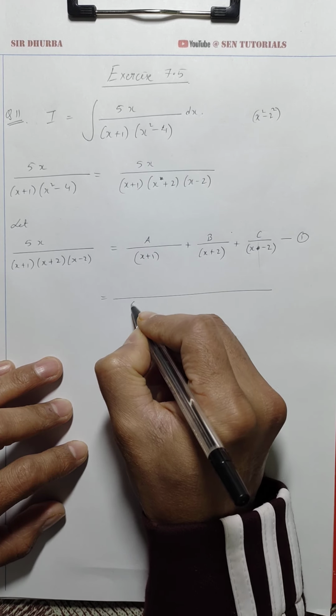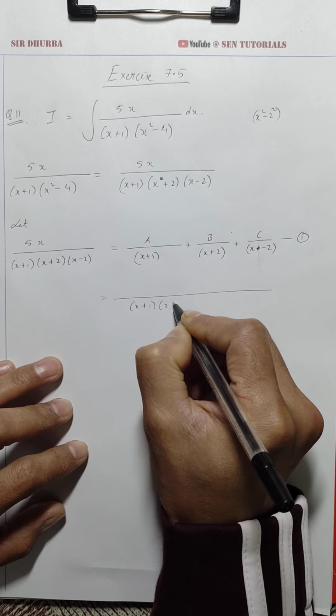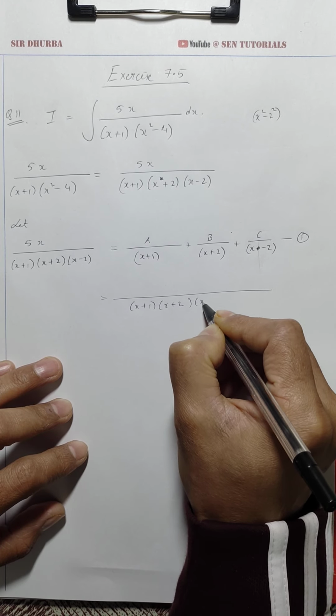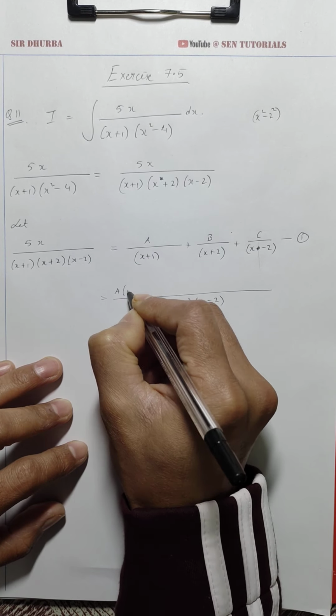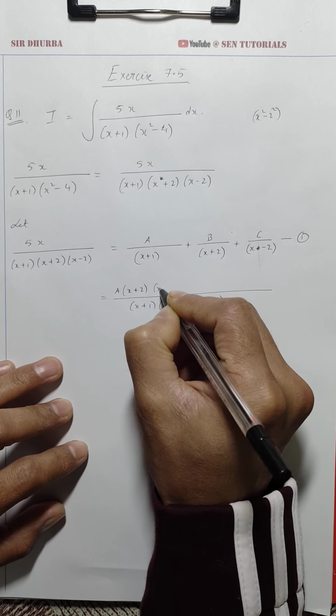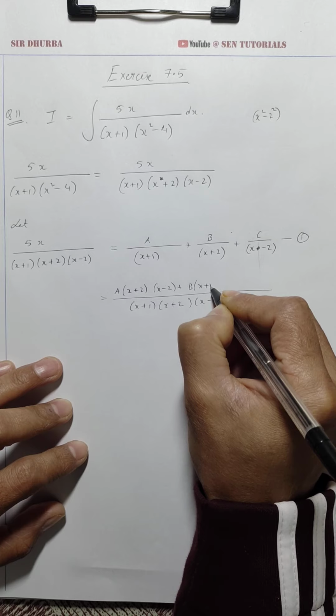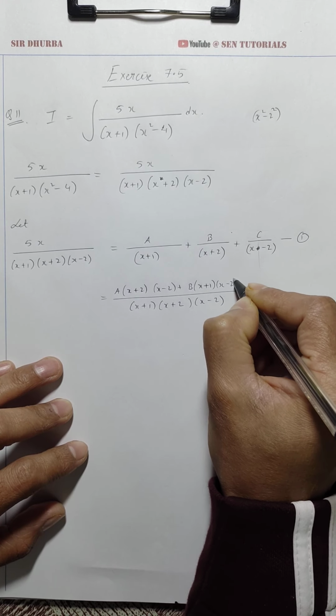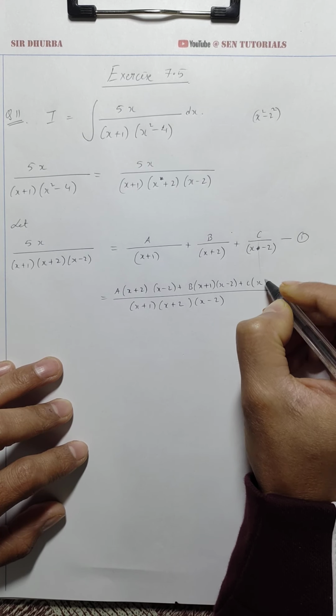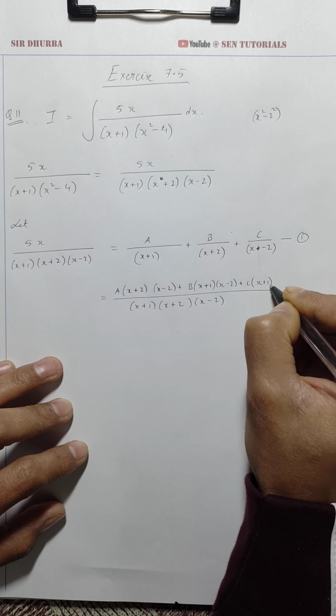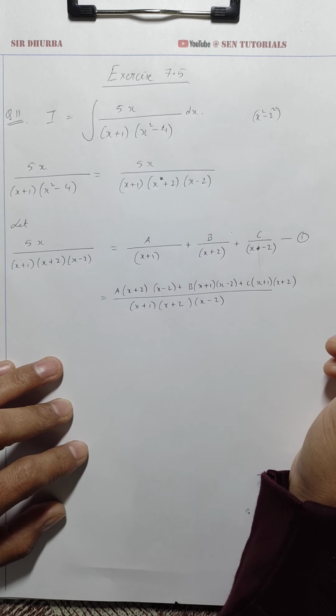So taking the common LCM, that is (x plus 1)(x plus 2)(x minus 2), so that's a into (x plus 2)(x minus 2) plus b into (x plus 1)(x minus 2) plus c into (x plus 1)(x plus 2).